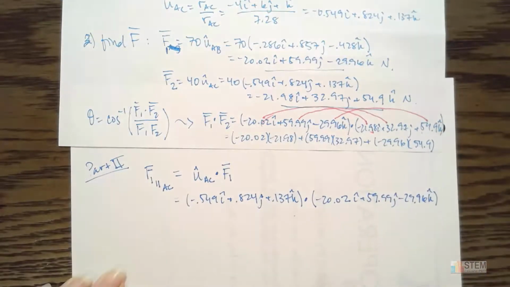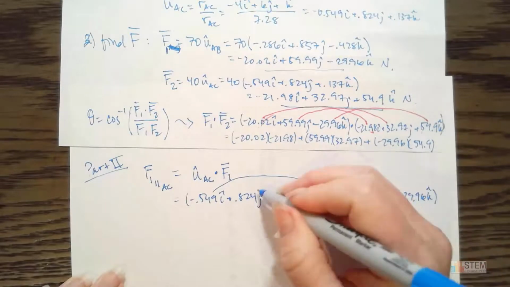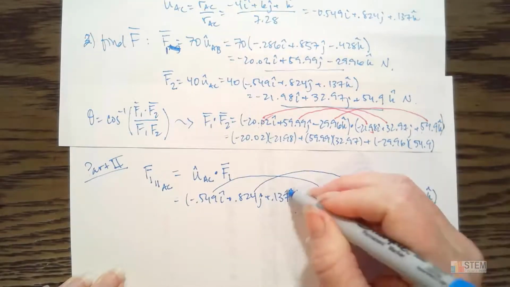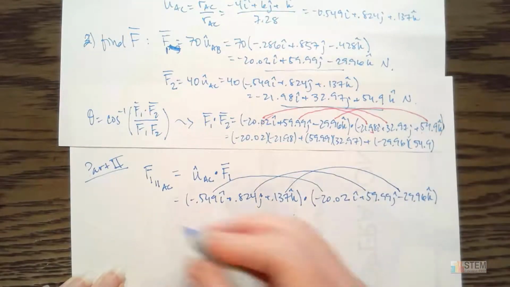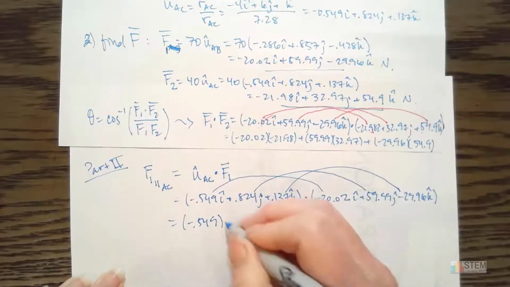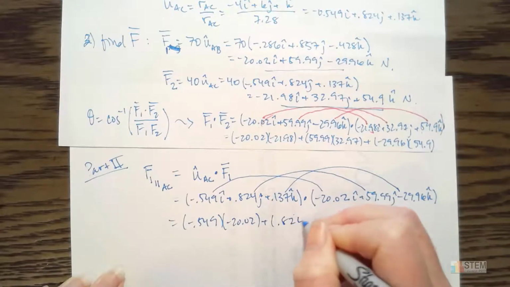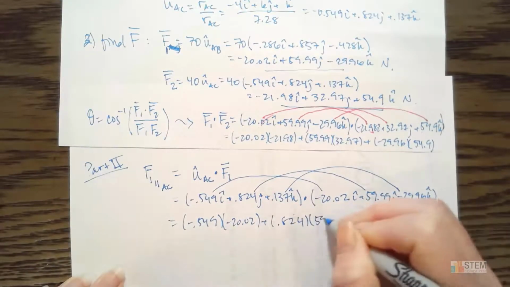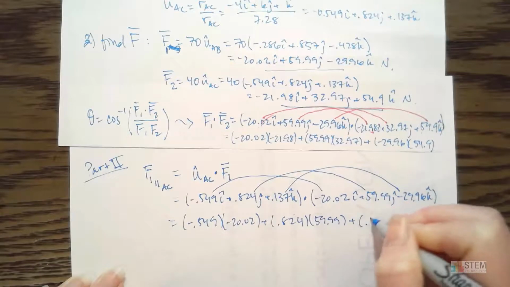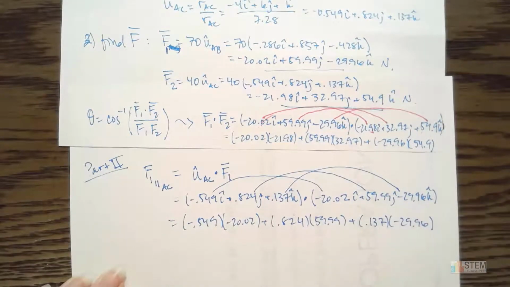Okay, and then now we do the dot product. So remember, we multiply the like terms and then add up those products, right? So we're going to have negative 0.549 times negative 20.02 plus 0.824 times 59.99 plus 0.137 times negative 29.96.